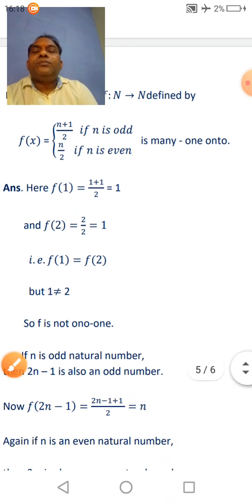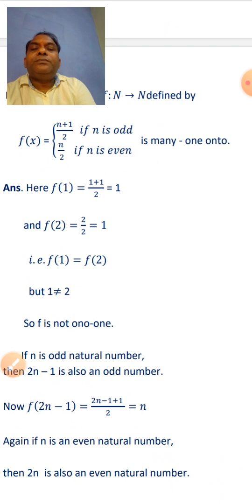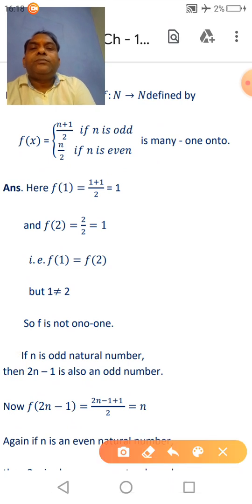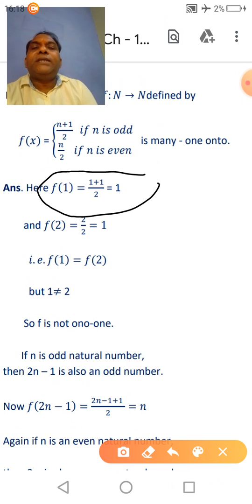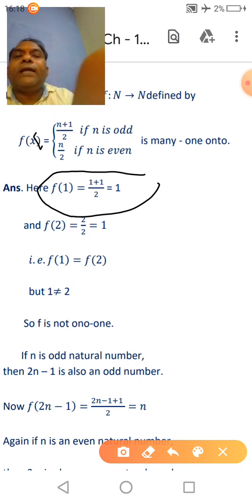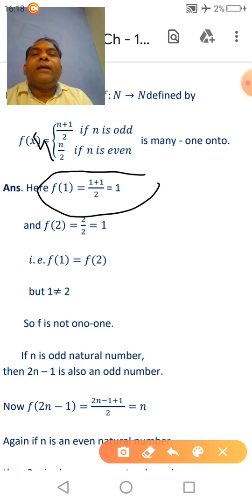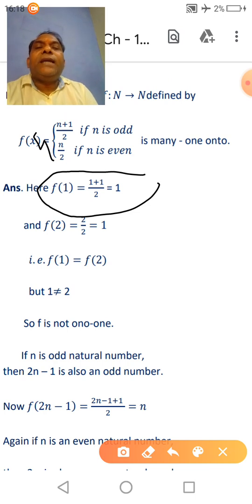So f(1): 1 is odd, and in case of odd f(n) is (n plus 1) by 2, so f(1) will be (1 plus 1) by 2 is equal to 1.